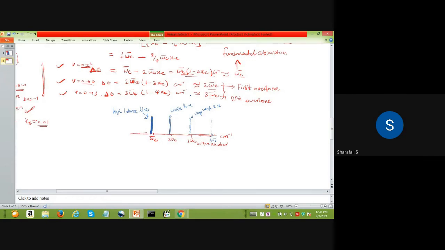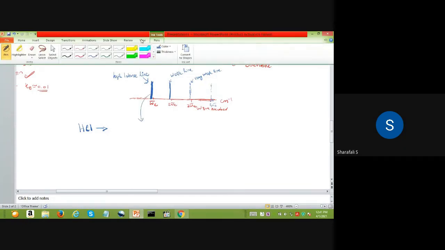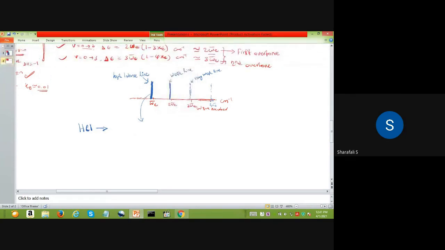If you consider the case of HCl, which is an example of a diatomic molecule, and measure this particular spectrum, it is observed that the highest peak, this one, comes at around 2,886 centimeter inverse.